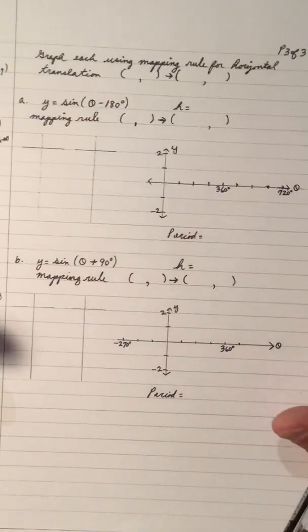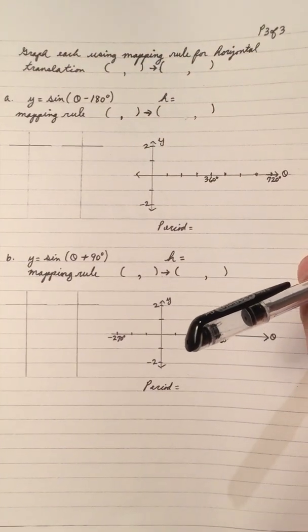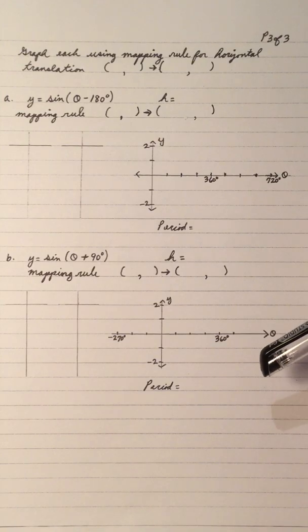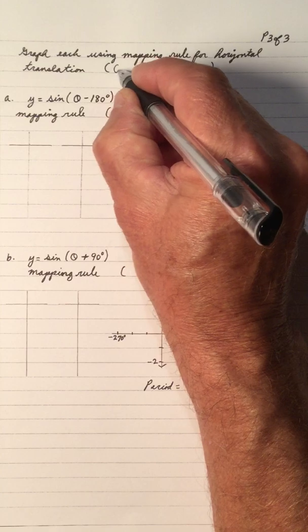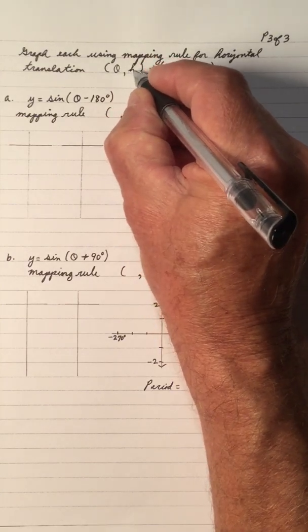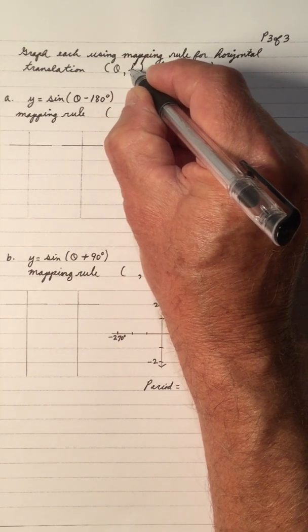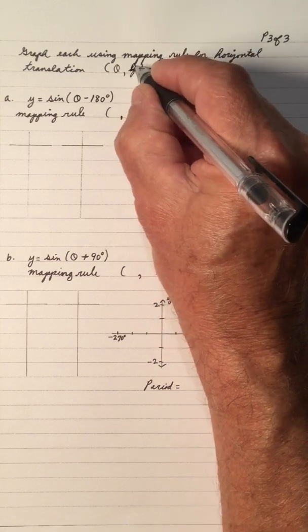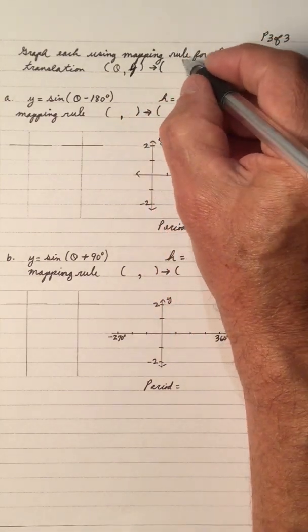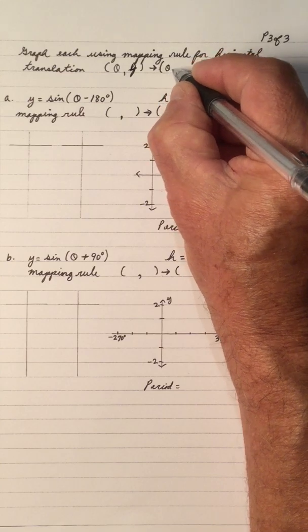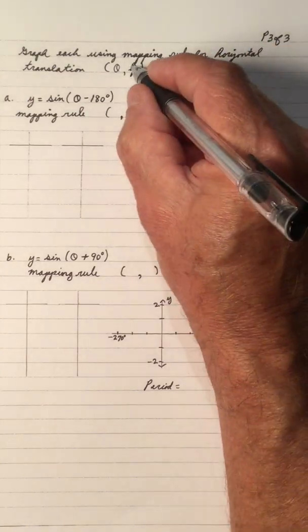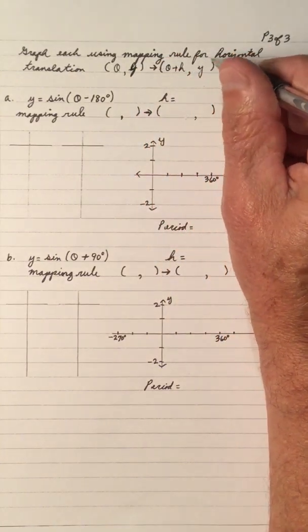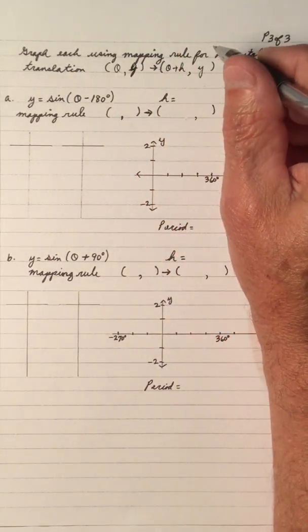Now let's do a graph. Let me straighten up the sheet, sorry for that. We graph each using the mapping rule for the horizontal translation. So we have theta and y. The mapping rule is theta plus h, and y has not changed, so we're adding on the horizontal translation.